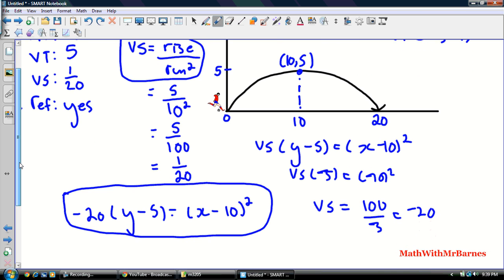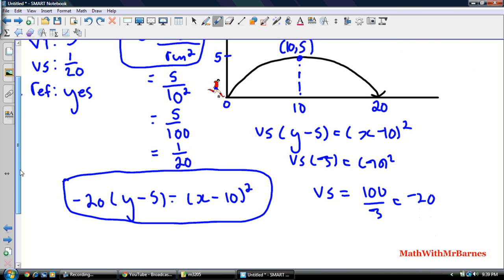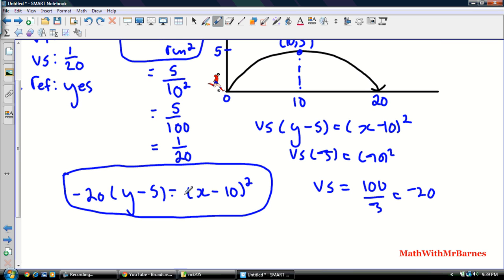If you want to find the height, say, of the ball at a certain time, put in the time for x, and then bada bing, bada boom, just solve, right? Or what is the lateral distance at a certain height, or whatever it is. You can just put it in and solve in this way, or you can change it to standard.